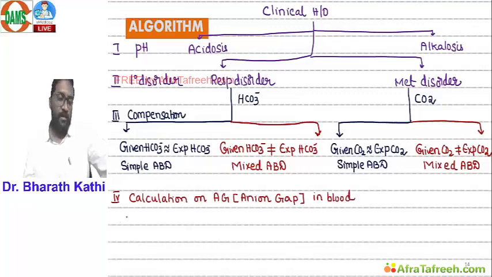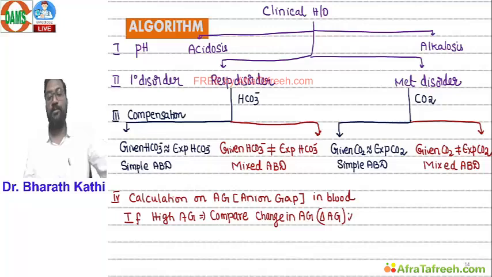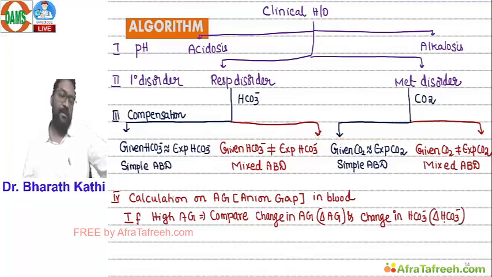And if at all there is high anion gap, one should compare change in anion gap, written as delta anion gap and change in bicarbonate written as delta bicarbonate. What is this anion gap is our next topic of discussion.